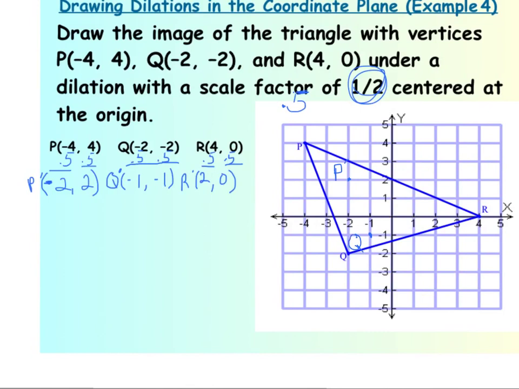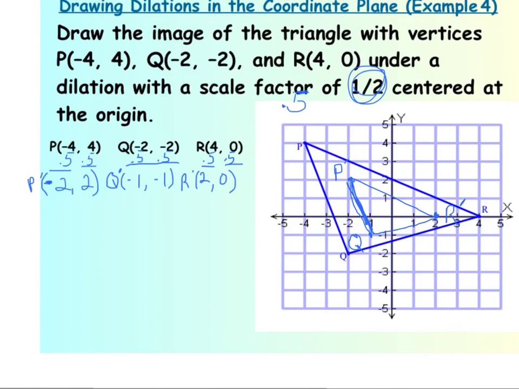And then 2 and 0 is our R prime. Connect our dots. And we have our shape that is proportionally smaller, 1/2 smaller.